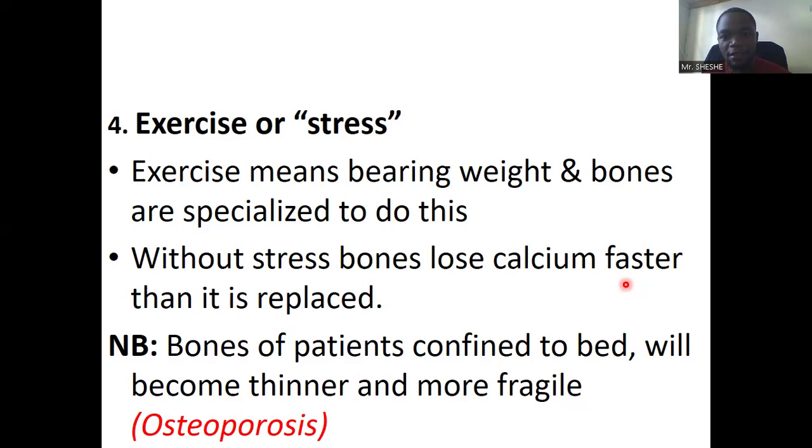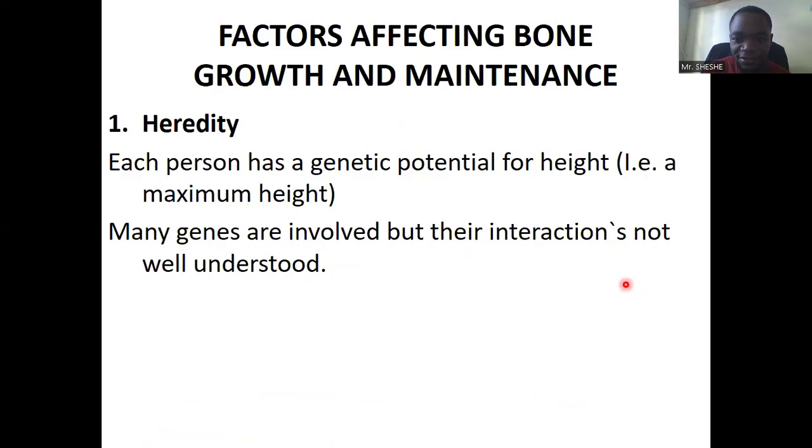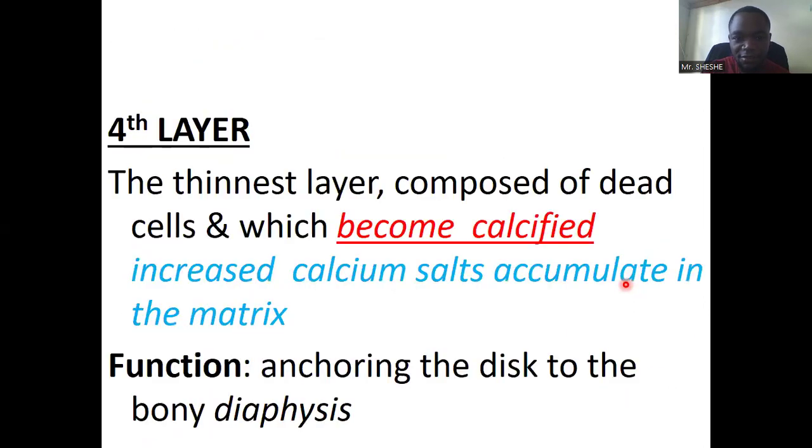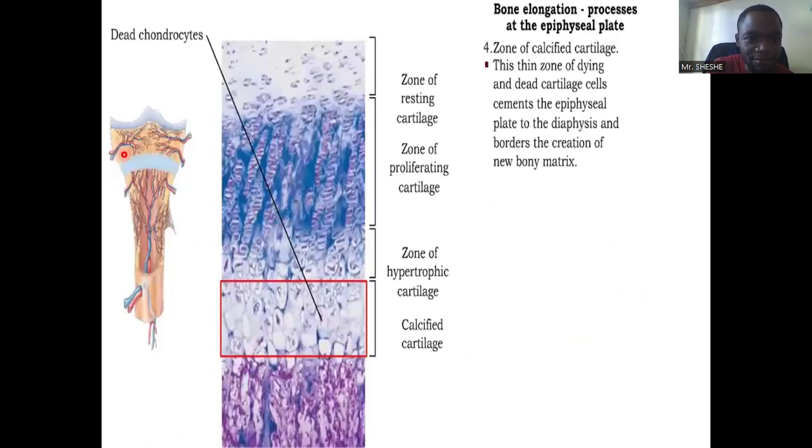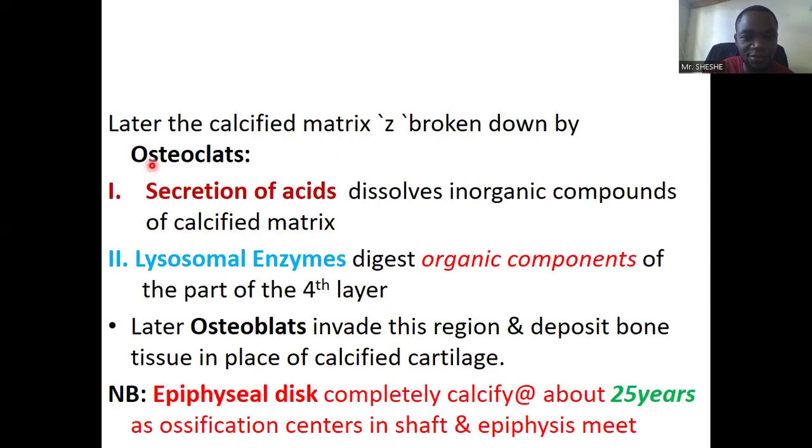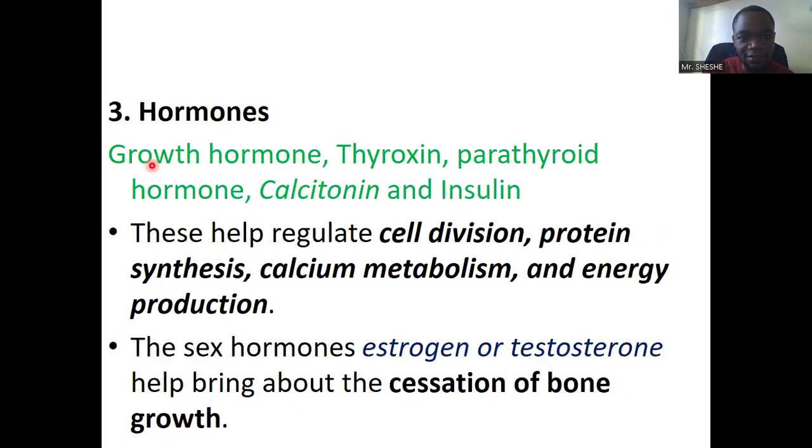All right. Now, again, overloading becomes a problem because if a child is given heavy stuff to lift when they're still young, what happens is that the growth plate becomes shattered. That layer we're talking about with 4 layers. Once it's damaged, then this child cannot grow tall. This has been seen or demonstrated in kids that usually jump from heights.